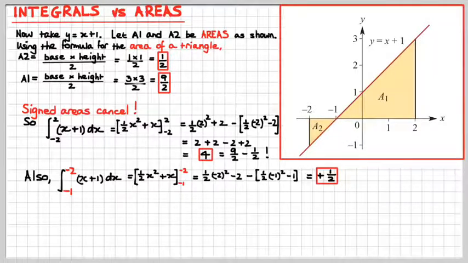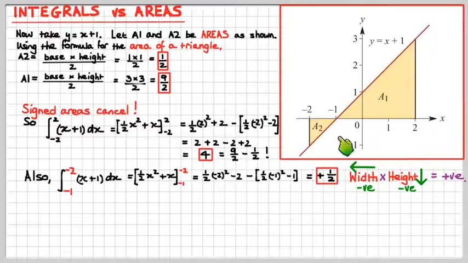Okay, you see? Yeah. Okay. So the width is negative, the height is negative, multiply them together and you get a positive result, okay? So if you were asked for the area of A2, you could work it out as the integral going from minus 1 to minus 2 because you are sure of getting a positive result, okay?